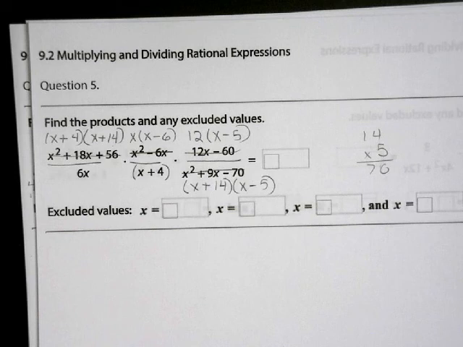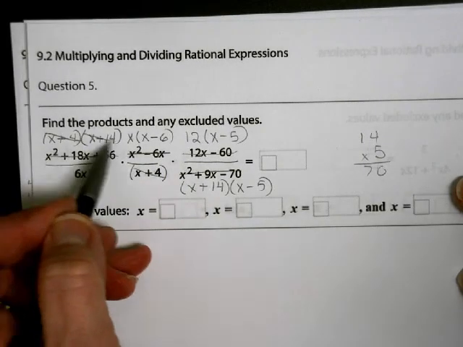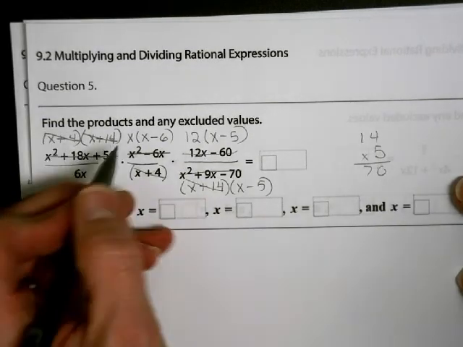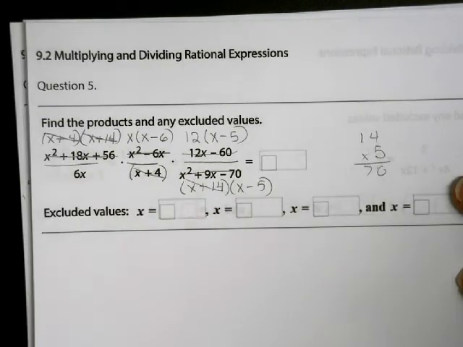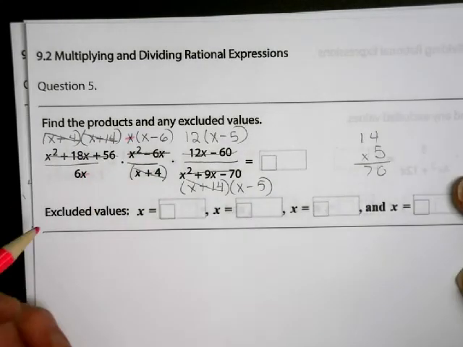I'm going to cross that out. There's all my factors. So is there an x plus 4 down here? Yes. x plus 14? Yes. x? Yes.